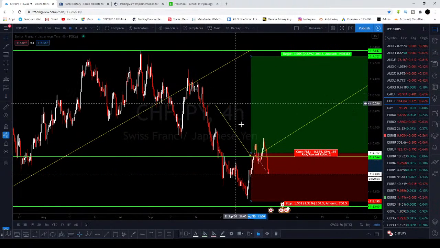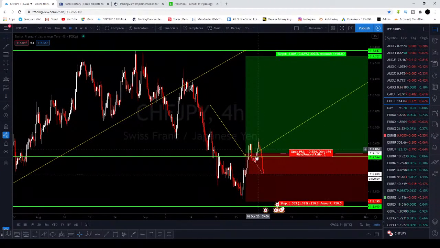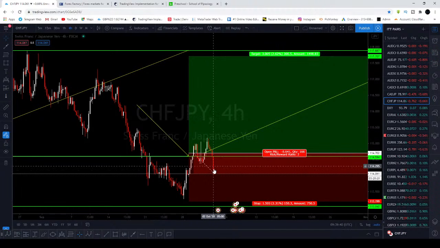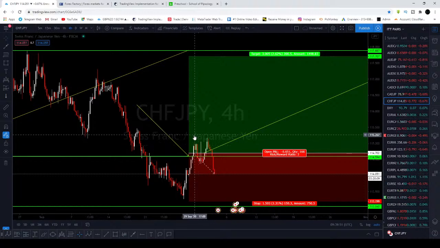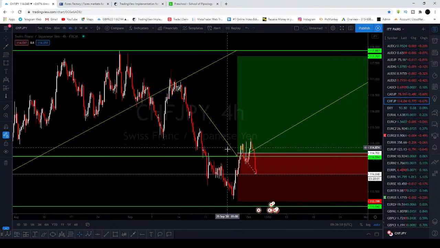So which one is this? CHF JPY. Thank God that we didn't... Okay, we took this trade yesterday, right? And we took our first take profit for 30 pips. And I told you guys you should set your stop loss to break even. And our stop loss was triggered at break even yesterday, right? Of course, I shared the screenshot with you guys when my stop loss was triggered at break even, because I saw some changes in the market.